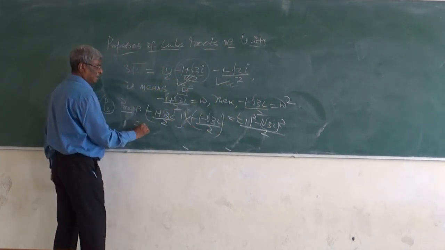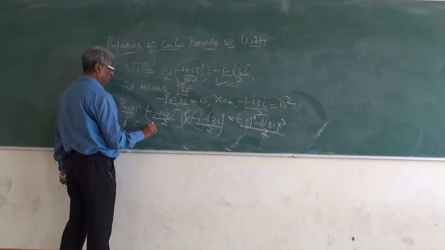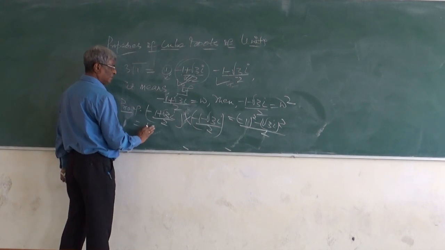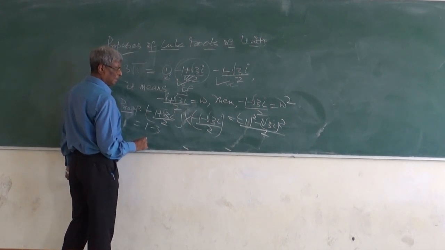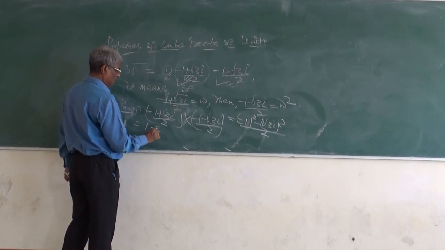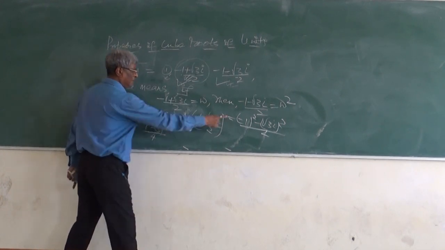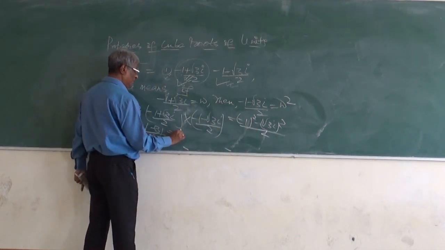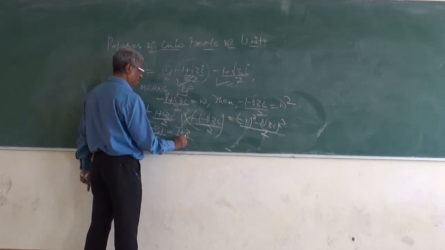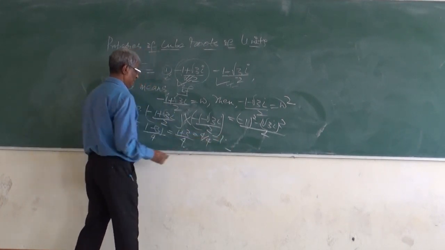And finally, minus 1 square is equal to plus 1. Root 3 means 3, iota square means minus 3, so minus of minus 3 divided by 4. Here is already minus, so here is minus, and this will be minus 3. So 1 plus 3 divided by 4 means 4 by 4 is equal to 1.